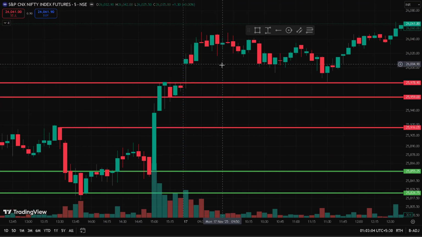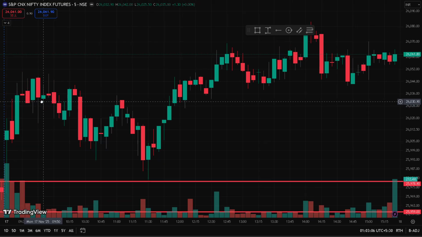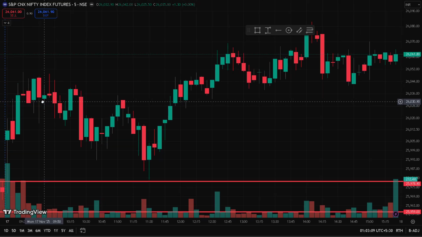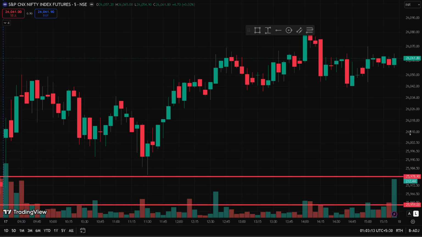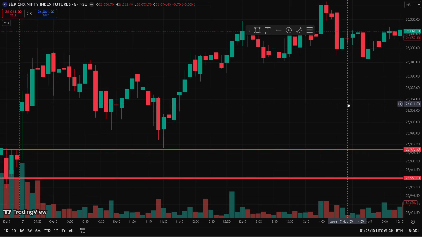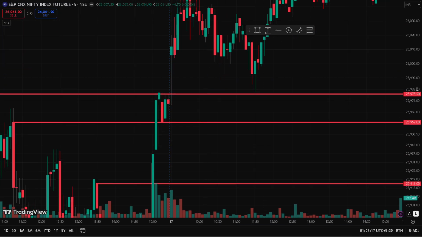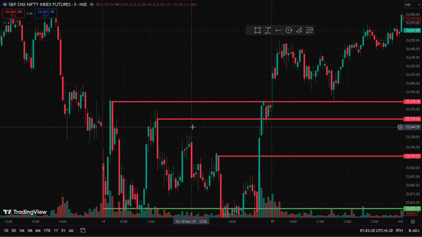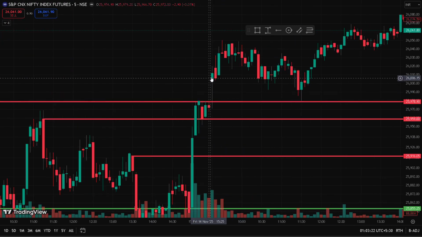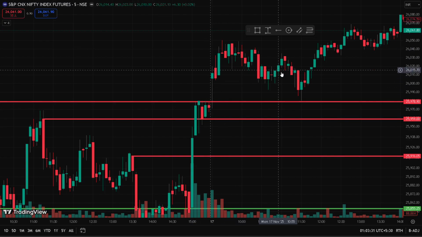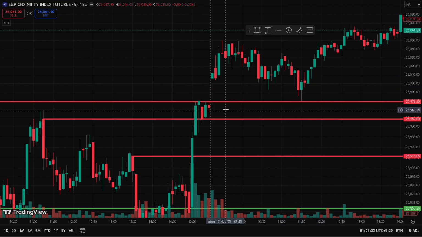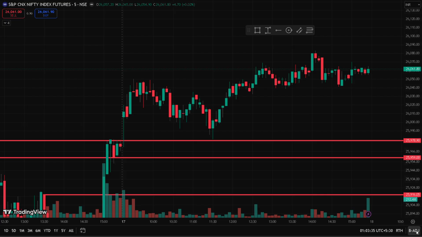Coming to today, 17th November. If we see, there was a good amount of rejection from this point, which this candle indicates. This is a sharp pinpoint, a bullish pinpoint, and we can also observe that the market tended to come here but couldn't break the low, and again went up.